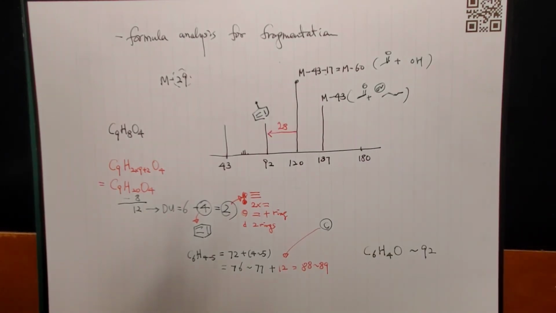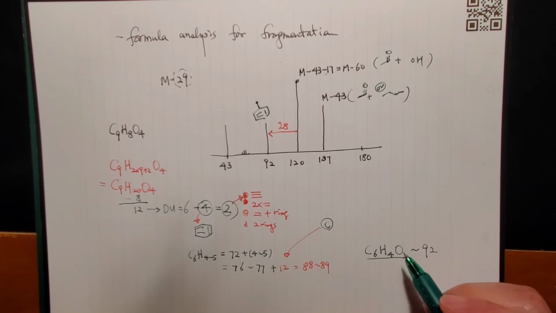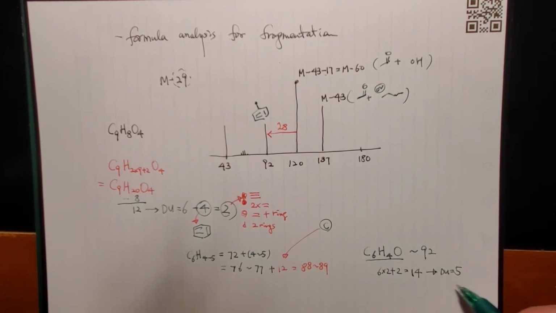And by the way, since we have so many oxygens in the formula, I used the oxygen and they came up with this formula that is 92. Then if you calculate the index of hydrogen deficiency, the degree of unsaturation can be 5.